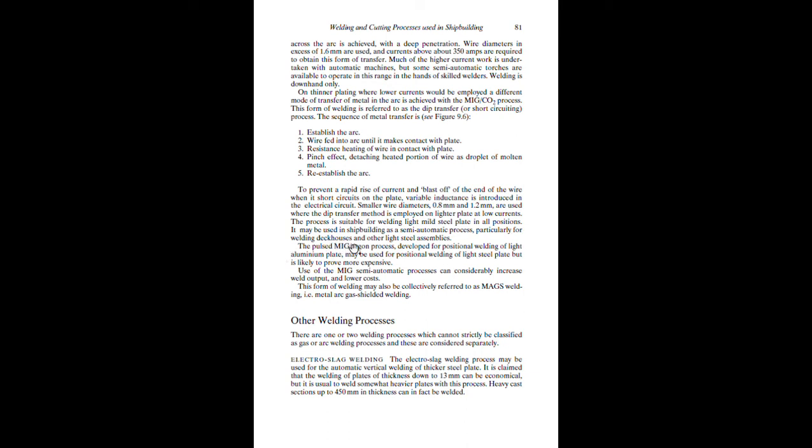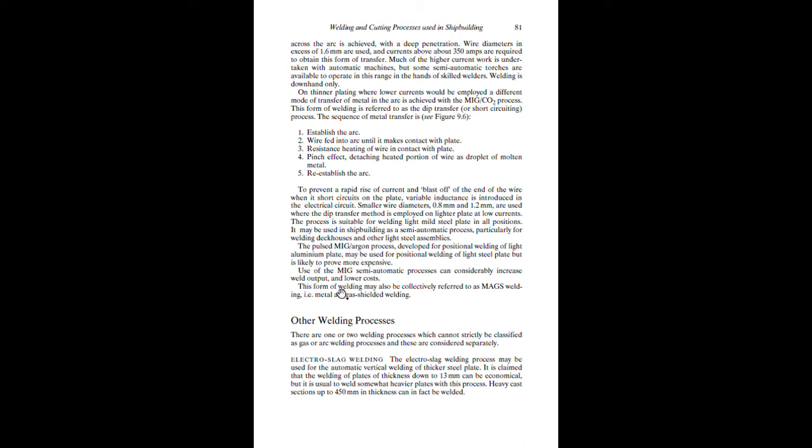It may be used in shipbuilding as a semi-automatic process, particularly for welding deck houses and other light steel assemblies. The pulsed MIG argon process developed for positional welding of light aluminium plate may be used for positional welding of light steel plate, but is likely to prove more expensive. So this MIG argon process is more expensive.